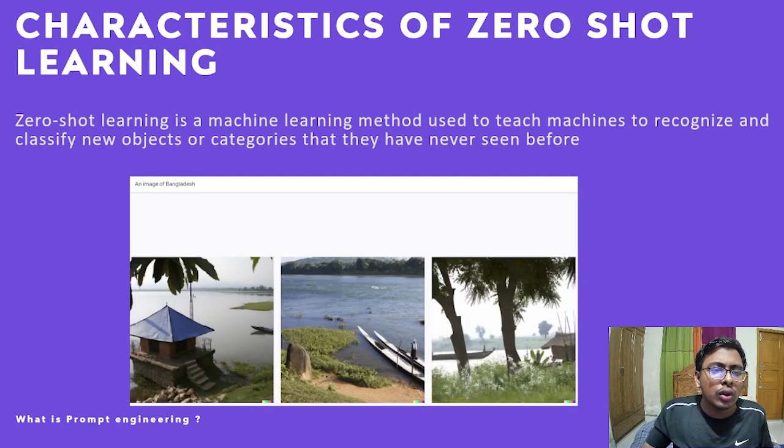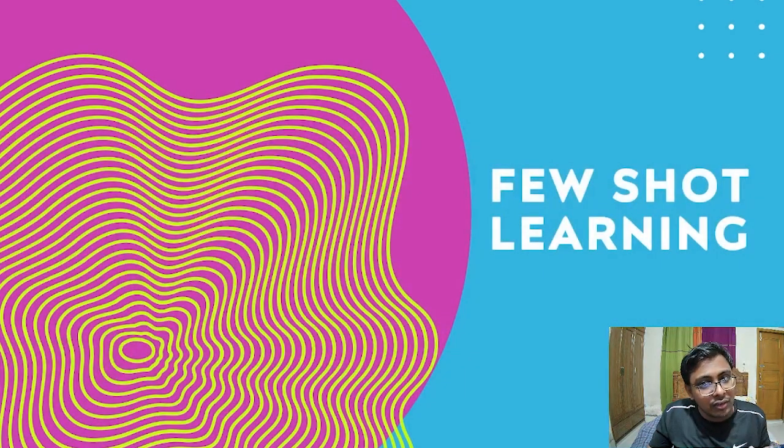Here you can see an image of Bangladesh. I've used DALL-E, so if you prompt it with an image of Bangladesh, it will give you any sort of image. But if you had added some more information, it would have been part of another kind of learning, and this is basically few-shot learning.